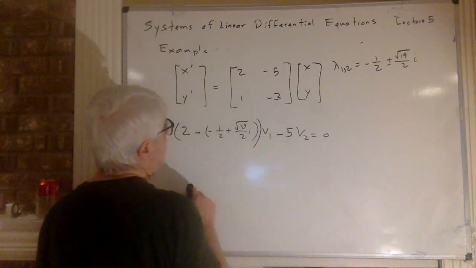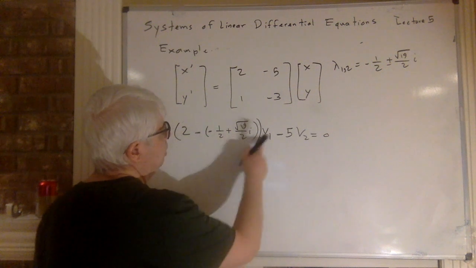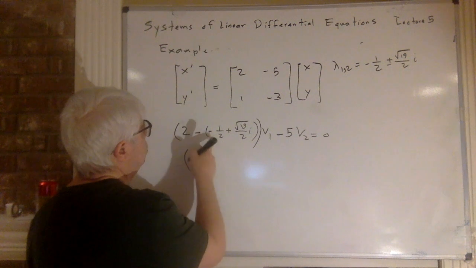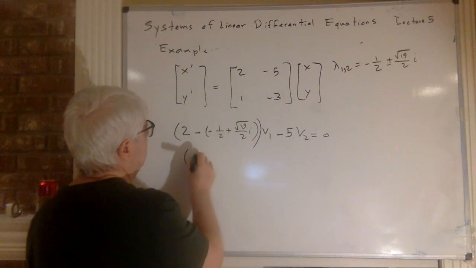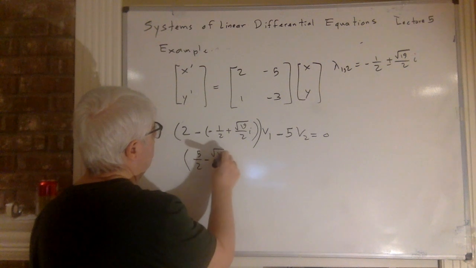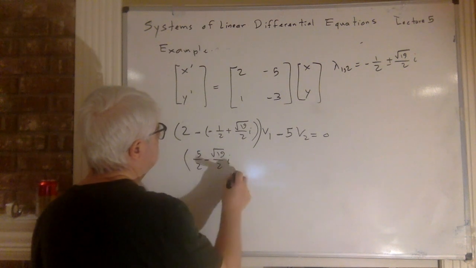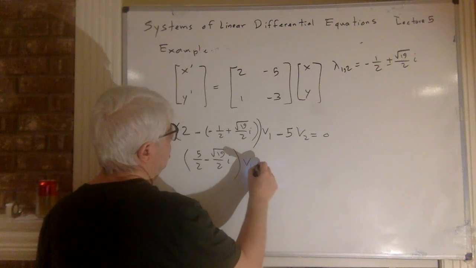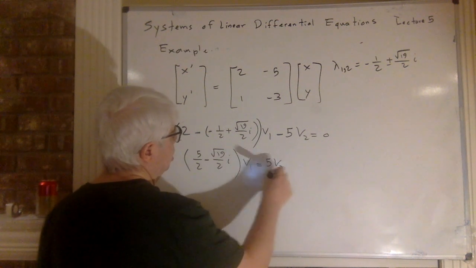So if I set v1 to be, let me simplify this, 2 plus 1/2, that is 5 over 2 minus the square root of 19 over 2i times v1, and that equals 5 v2.